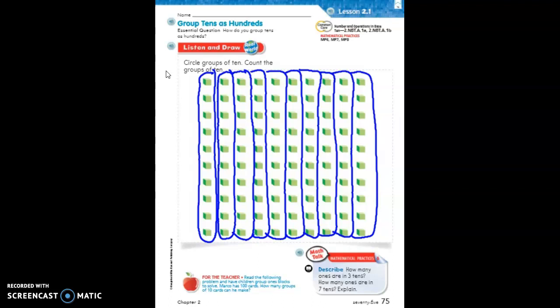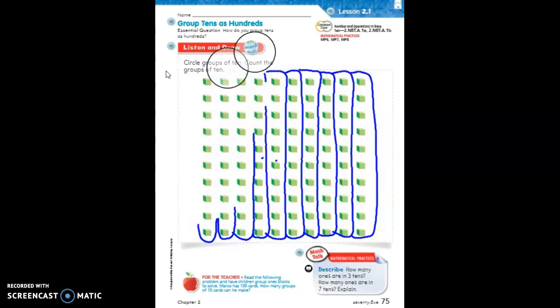Whoops. 10, 20, 30, 40, 50, 60, 70, 80, 90, 100. That's what it should be, 100. Okay? So there are 100 blocks. That's 10 groups of 10. 10 tens equals 100. So we are headed to make groups of 100 by making groups of 10. Okay?